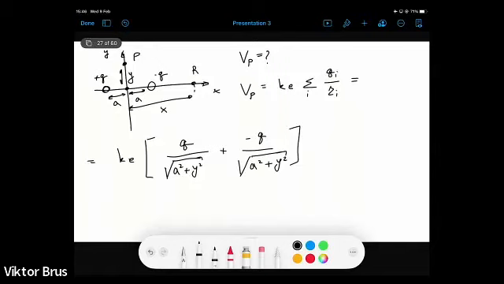If we assume that the absolute value of negative Q is equal to the absolute value of positive Q, so these charges are the same in magnitude but different only in sign, then these two terms of this equation cancel each other. So we get 0. So there will be 0 potential.